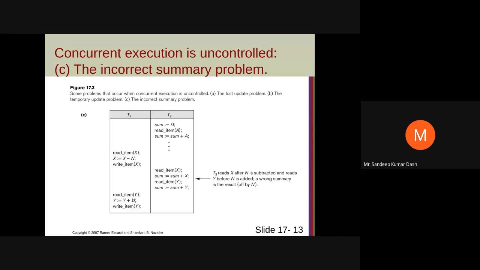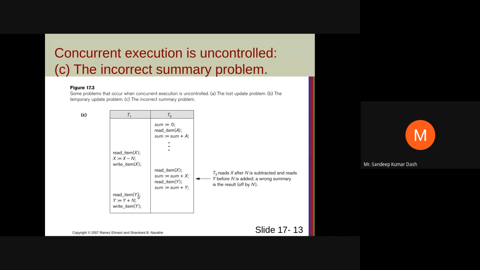But before adding n to y, you are reading the value of y. So the n value is lost from the summary, because you have deducted it by this time. Suppose this is at t6, this is t7, this is t8. So during t8, x is not having n amount with it.